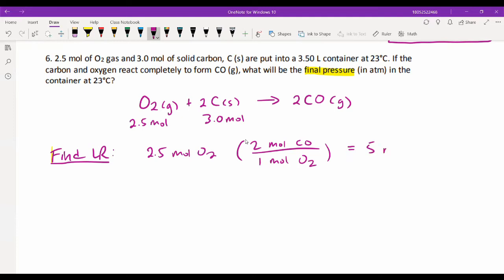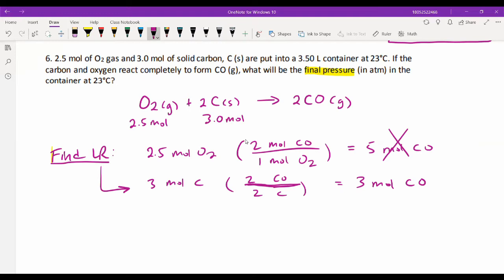This is going to be 5 moles of CO produced. 3 moles of carbon will make, this is basically a 1-to-1 ratio, 3 moles of CO. So we can't make 5 moles because we're going to run out of carbon. The limiting reactant is the carbon, and we know that we're going to have 3 moles of product produced.